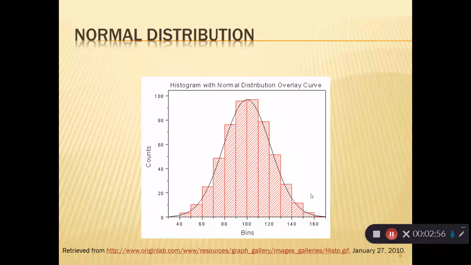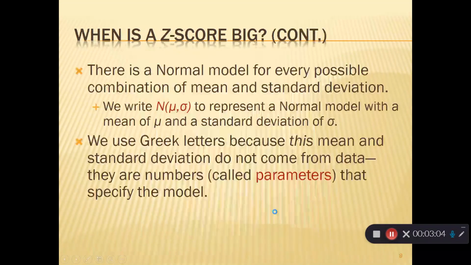They're defined by a mathematical equation that determines that normal model based on the individual mean and standard deviation of the data set that we're dealing with. So the way that we write this is function notation. If you remember your algebra, the N is the name of our normal model, so capital N is our function name.